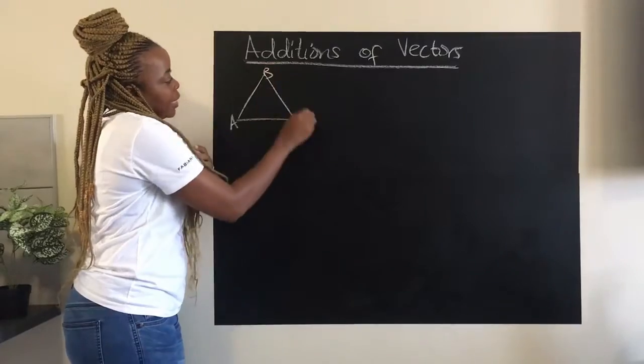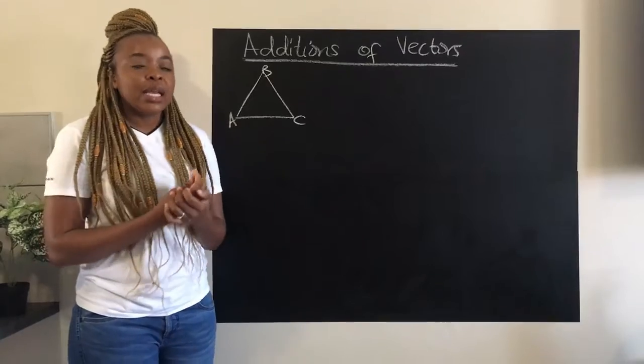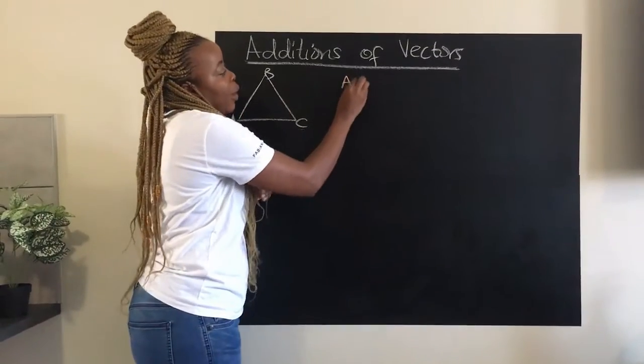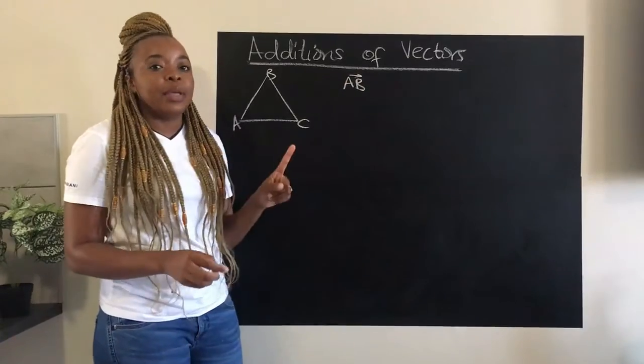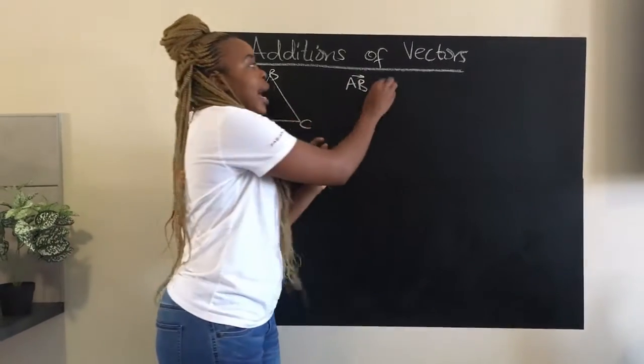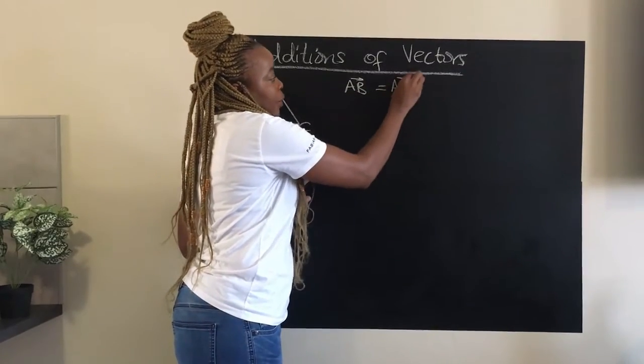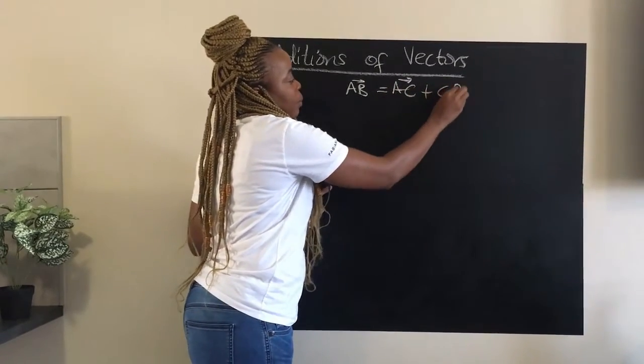Now, see triangle ABC. We have a formula that says if I want to get vector AB, I can get it by saying vector AC plus vector CB.